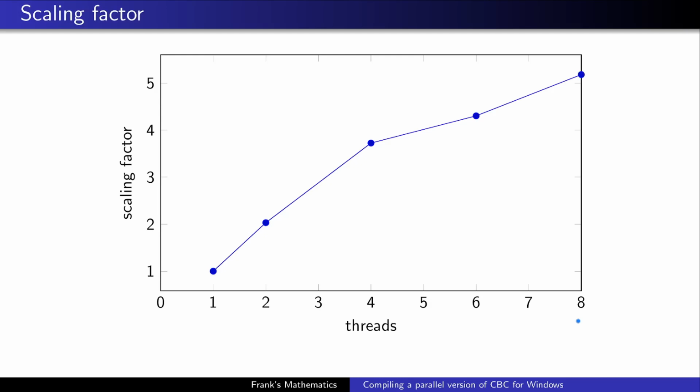So it's not that surprising that you only get a not so optimal scaling factor, but still, if you use 8 threads, you are 5 times faster than if you use only 1 thread. So, summarizing, our parallelization works, our compiled program is working in parallel and is actually doing some speedup here.